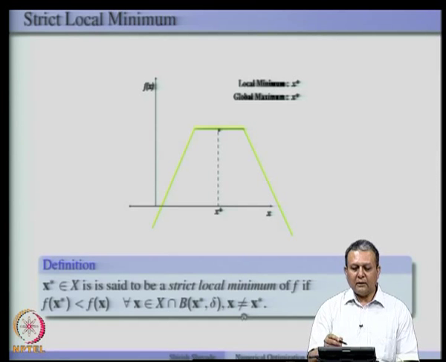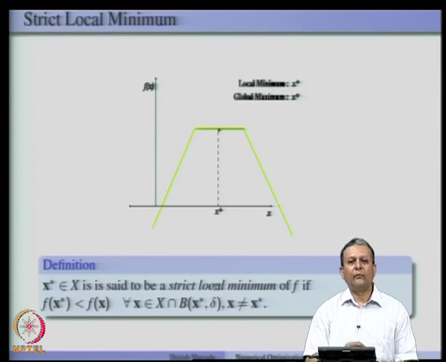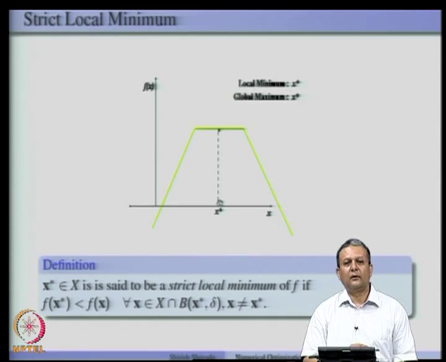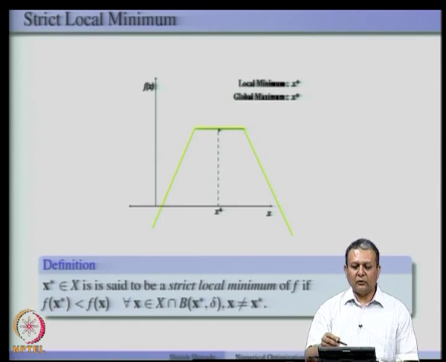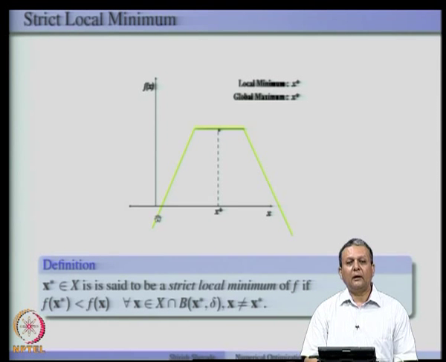So, you will see that if we use this definition, then x star is a local minimum, but not a strict local minimum, and also it is a global maximum because the function value is highest at x star.